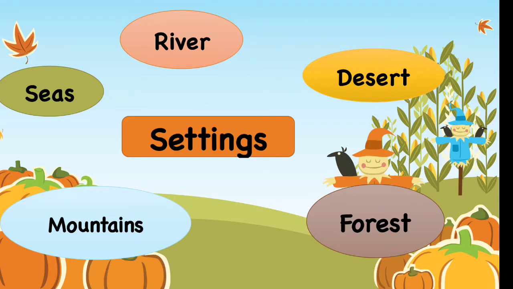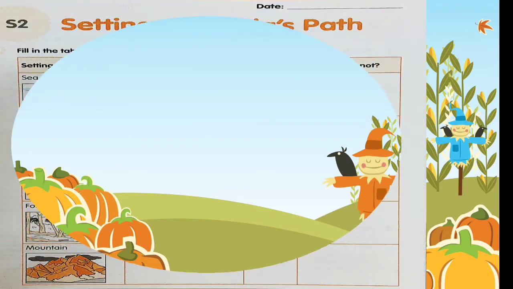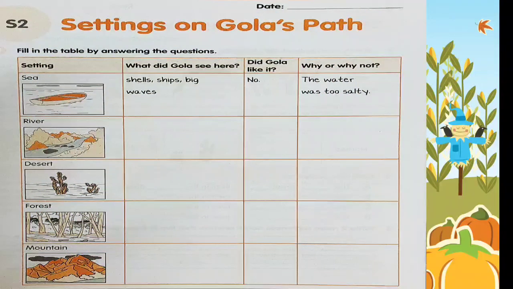Okay, students? So now that you have learned about the settings of the story and what Gola saw and found in those places that he visited, I want you to open your English workbook to page 16, where you will find the settings on Gola's path, that is S2, and you will fill in the blanks.